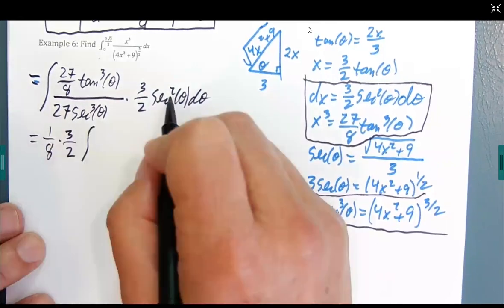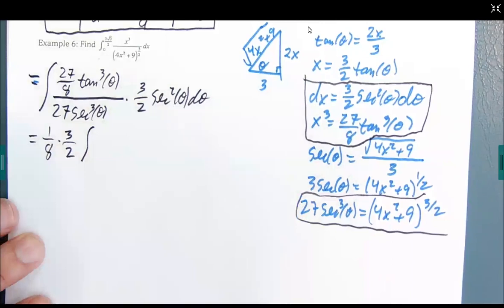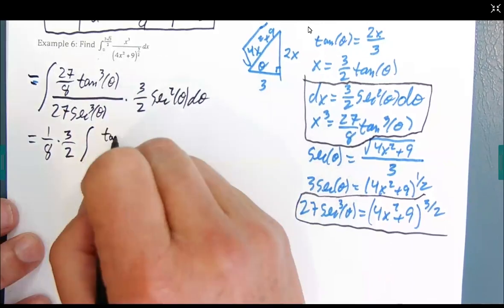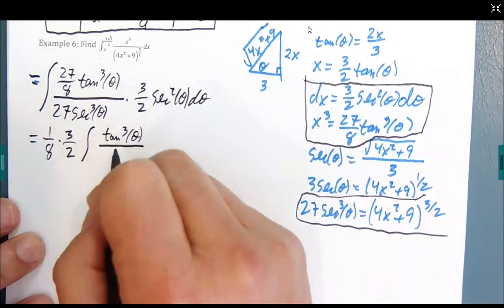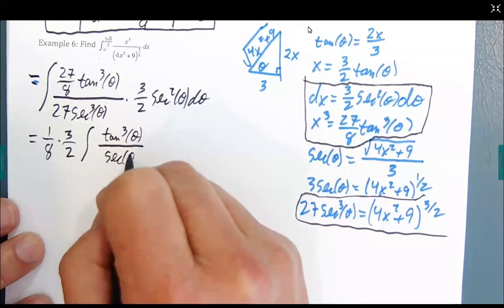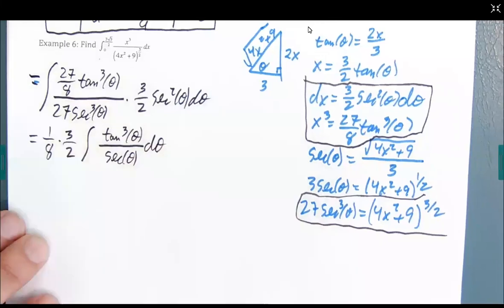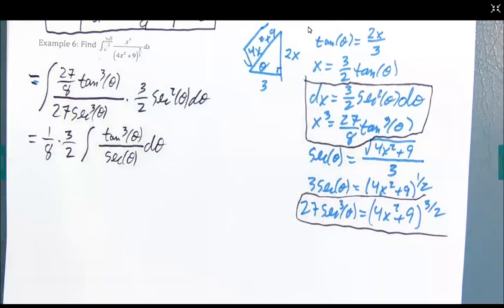And I'm going to notice 2 of the secants are gone. So I'm left with tangent cubed theta over secant theta, d theta. All right, I'm going to break everything into terms of sine and cosine just to make it a little bit easier.